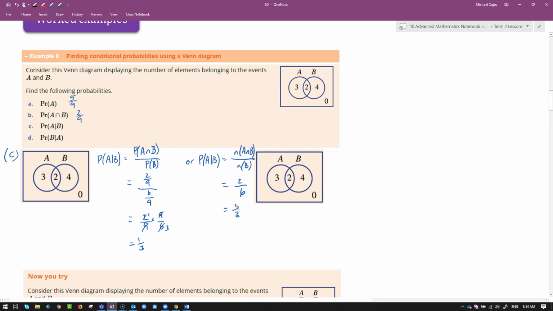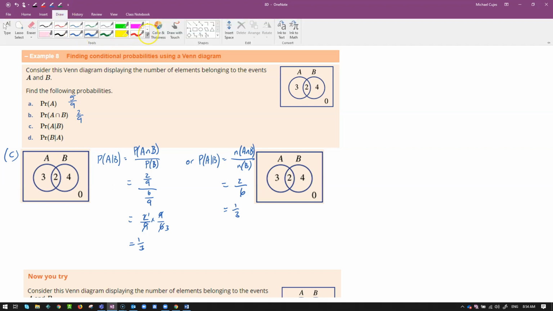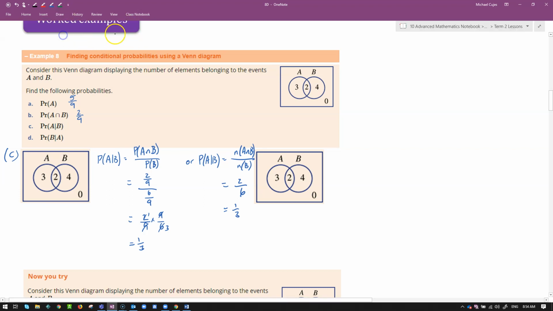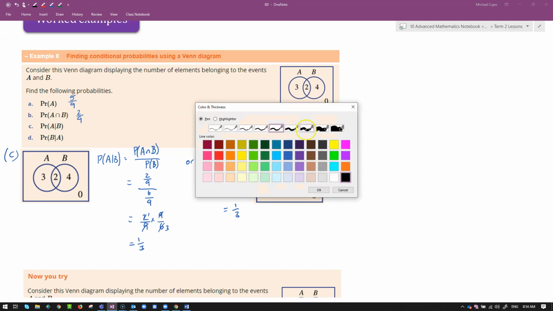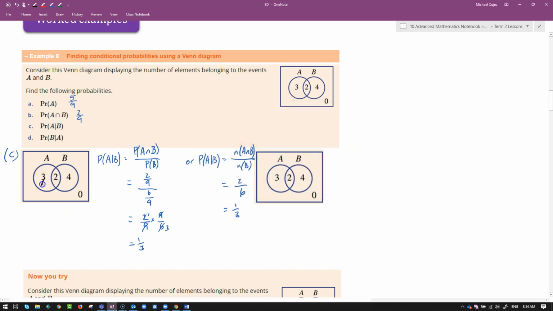The way I would tend to do it when I'm looking at these sorts of questions, I'd be saying, let's get out a nice thick black pen here. When I've been asked to find the probability of A given B, I get rid of everything else.